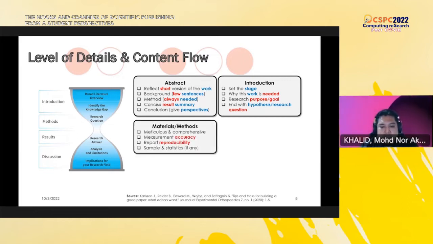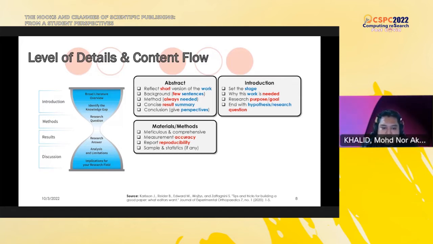Then material and method. This usually involves something very meticulous and comprehensive, usually involving measurement and your experimental design and so on. Of course, this is the heart of your research, and this is where you are not copying from someone else.